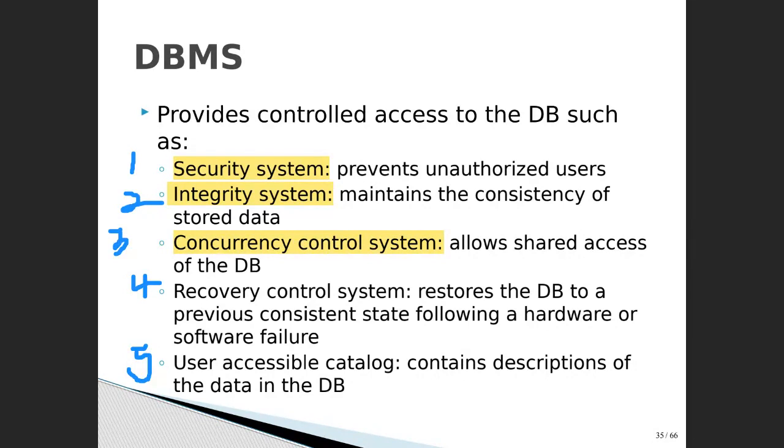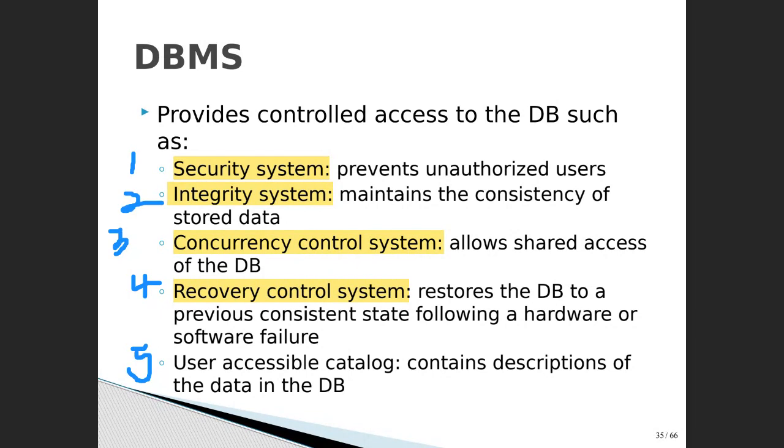Then there will be a recovery control system, which means in case the system fails, it will remove the pressure on the data processing staff. Data processing will no longer have more headache and more procedures or steps to be followed. It will all be handled by the database management system.